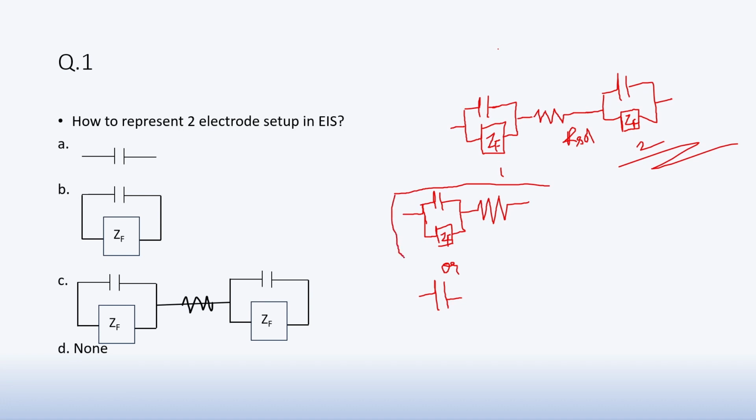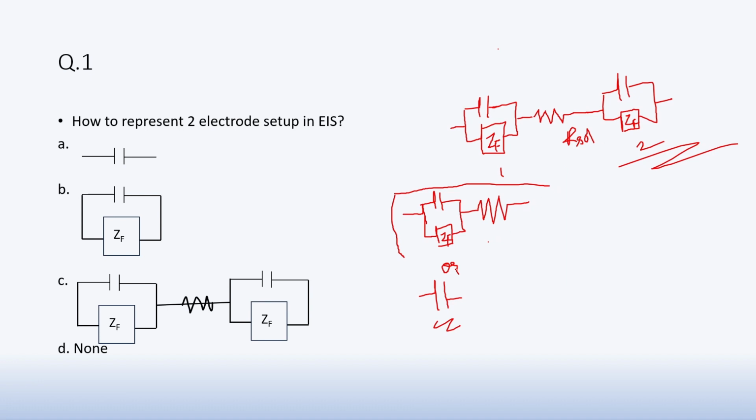Someone told me it can be a capacitor with a resistance in parallel. If it is specifically told that no reaction is happening across the surface of the electrode, then you can use this one instead of this one. Basically this one is for any electrode represented by a double layer with a reaction, and when it's immersed in a solution, you will have a solution resistance, and for one more electrode, you will have either this one, or if it is a reference electrode, you will have nothing.